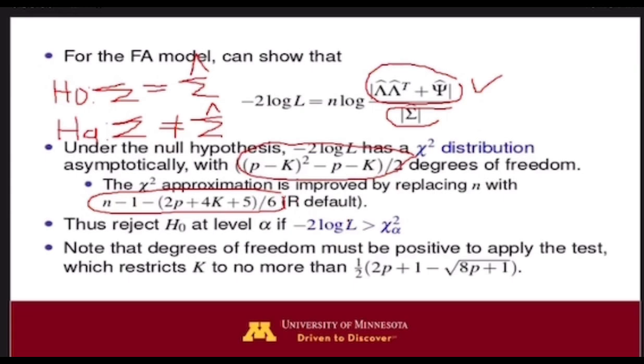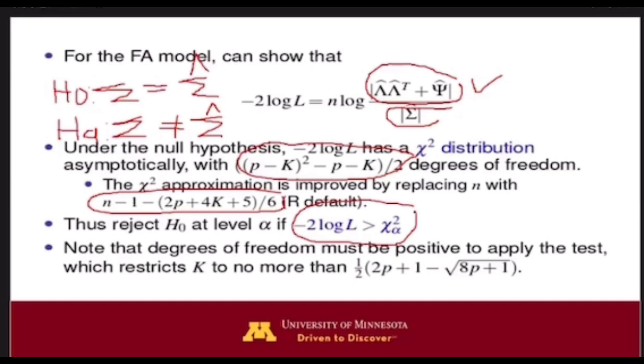Now we're going to reject H0 if -2 log L is greater than chi-square at level alpha, where alpha is the level of significance, which is 0.05. You can also base your decision on the p-value.